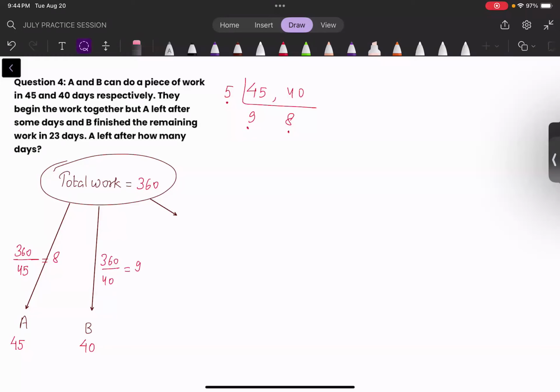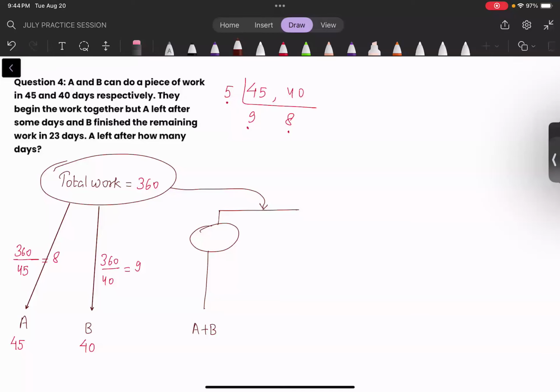That one more situation, carefully see. Okay, they begin the work together. That means the people who started the work are A plus B. They begin the work together.